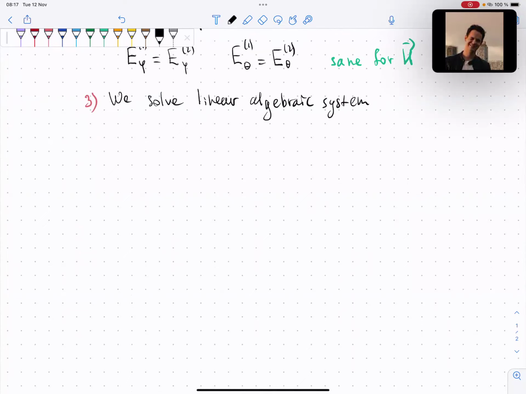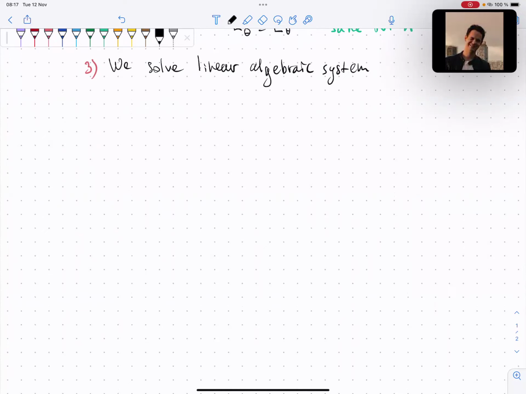What this means is that the functions phi lm, which are some Bessel functions of kr, Legendre polynomials of cosine theta, and exponents, are orthogonal.